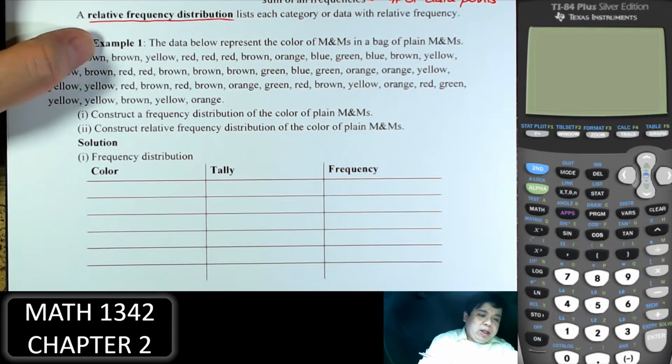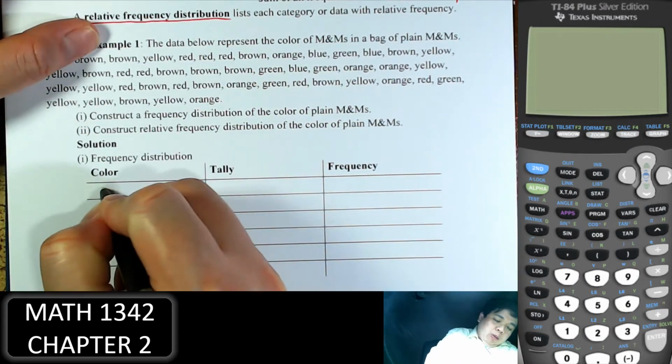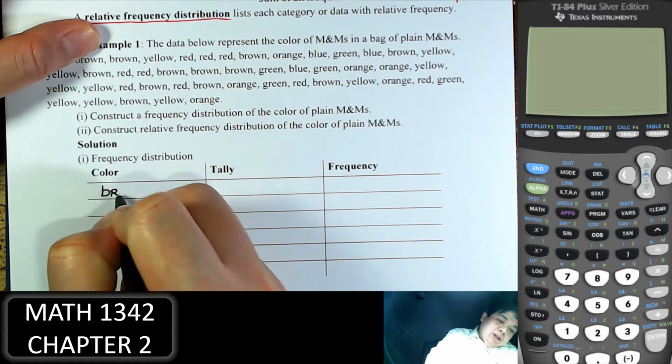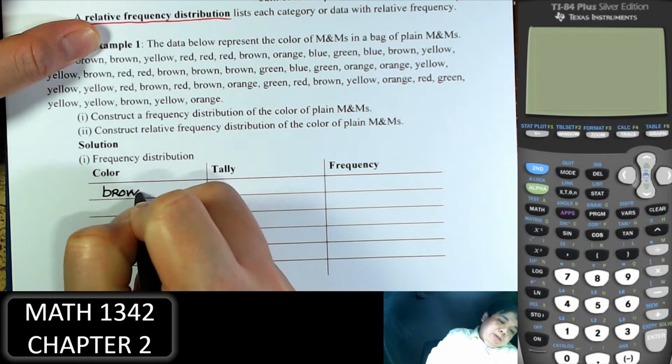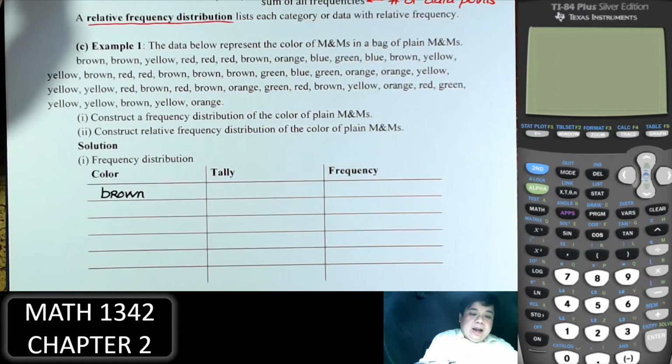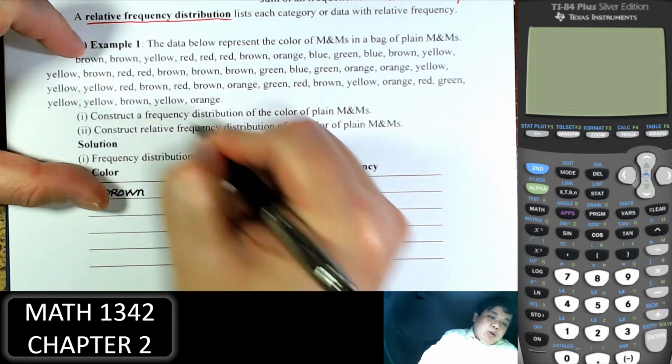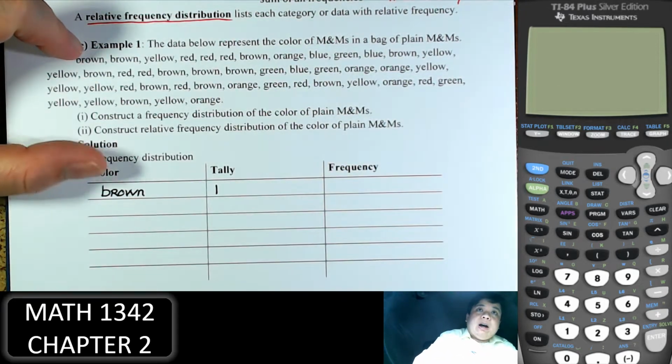Starting with brown, every time we see one, we just mark a line.